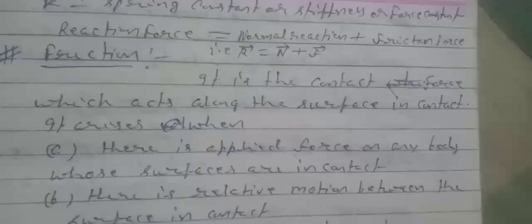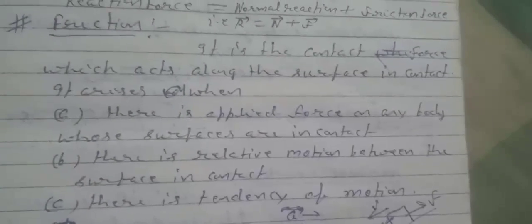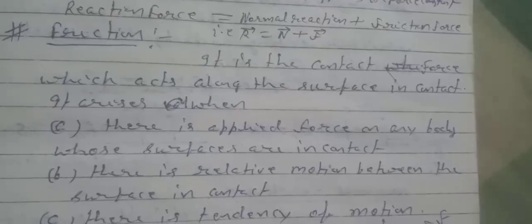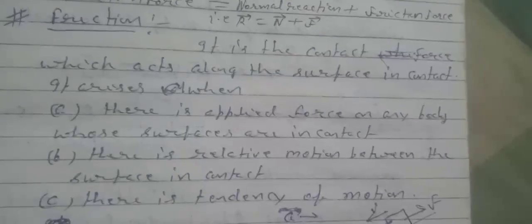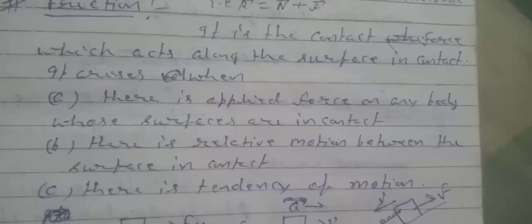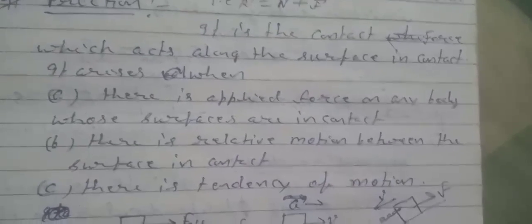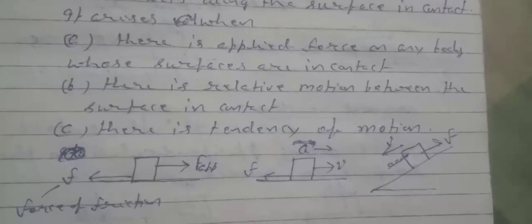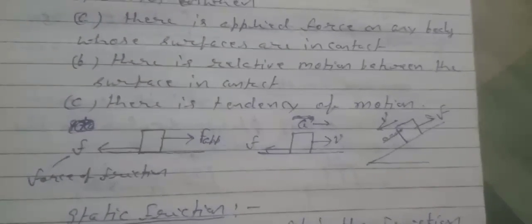When friction force acts, friction is the contact force which acts along the surface in contact. It arises when A. There is an applied force on any body whose surfaces are in contact. B. There is a relative motion between the surfaces in contact. C. There is a tendency of motion.